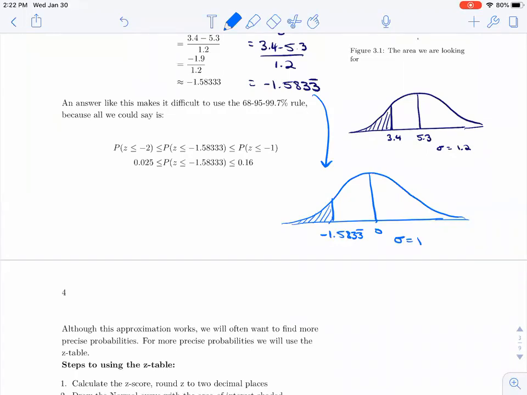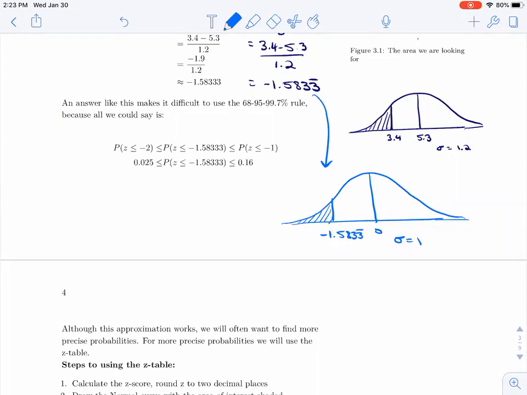And so those are the only cutoffs that we know. We know 1, 2, 3. That's it, right, so far. And so that's fine. We can just say, okay, from negative 1, we know the area in the tail. And from negative 2, we know the area in the tail. And this area must be somewhere in between those two.